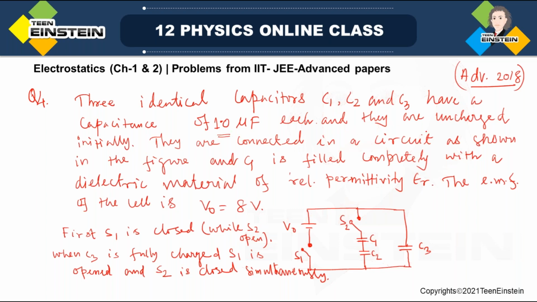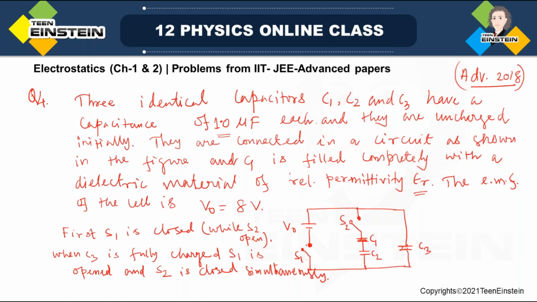They are uncharged initially, and in the figure C1 is filled with some dielectric material having relative permittivity epsilon r. The electromotive force of the battery is 8 volt.